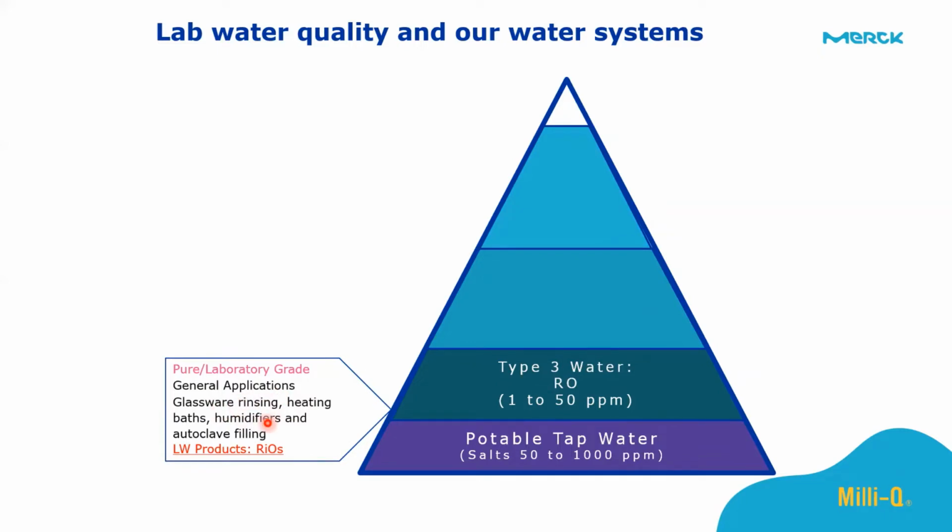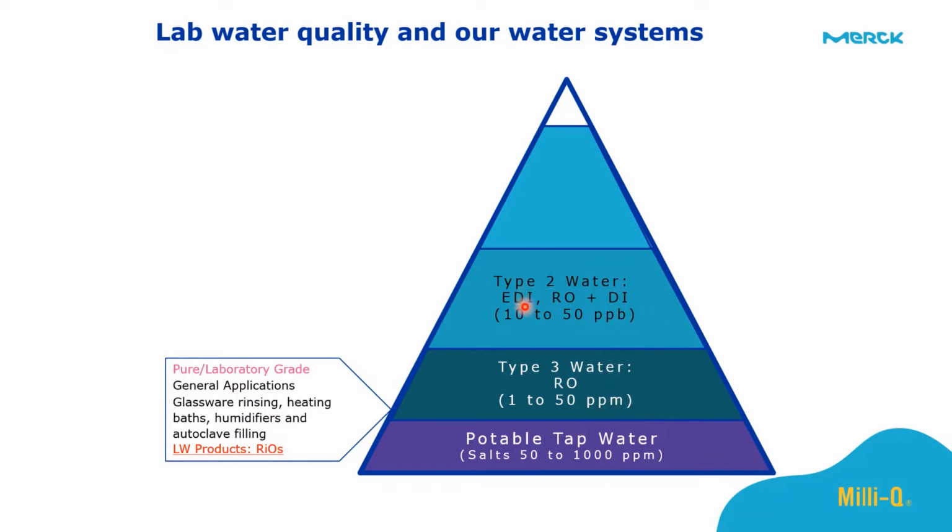So really important. Then from type 3, we have type 2, which is basically reverse osmosis plus deionization, or reverse osmosis plus electrodeionization. The salt concentration for type 2 water is 10 to 50 ppb. You can see that now we move from ppm for type 3 to ppb.